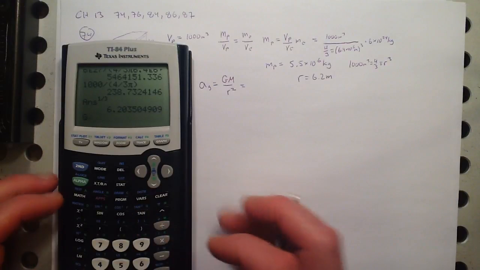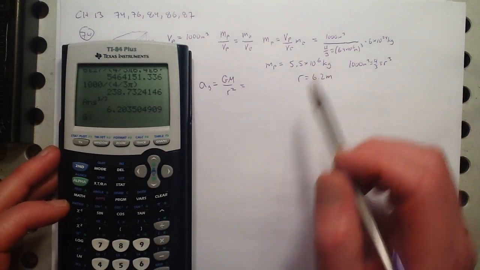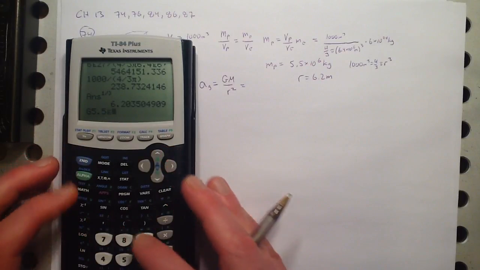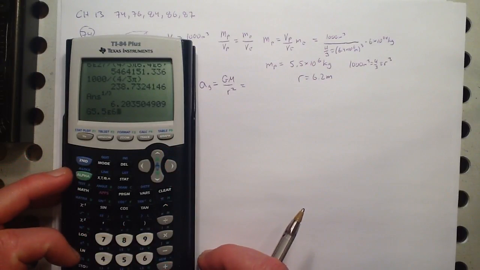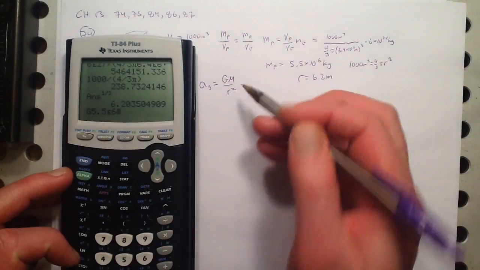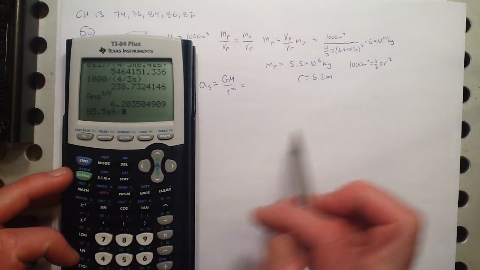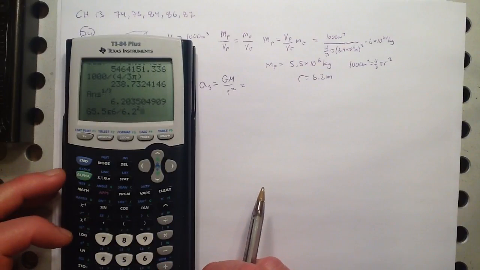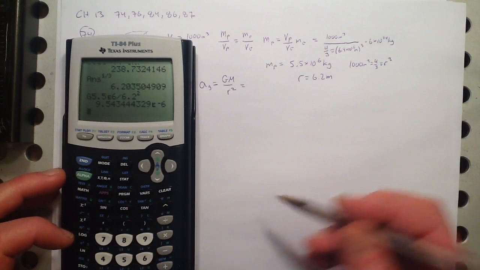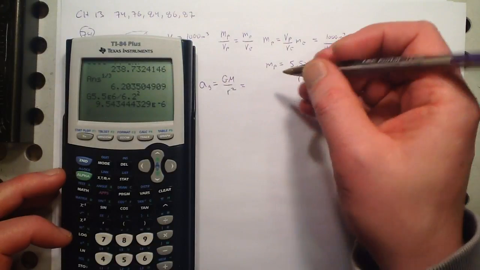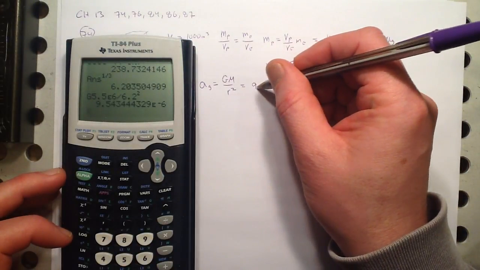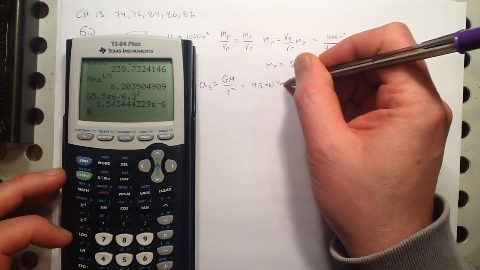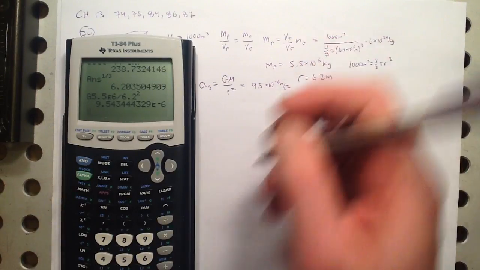G times the mass of his planet, which we found here, 5.5 times 10 to the 6th, divided by the radius of his planet squared. So that means the acceleration there would be about 9.5 times 10 to the negative 6 meters per second squared.